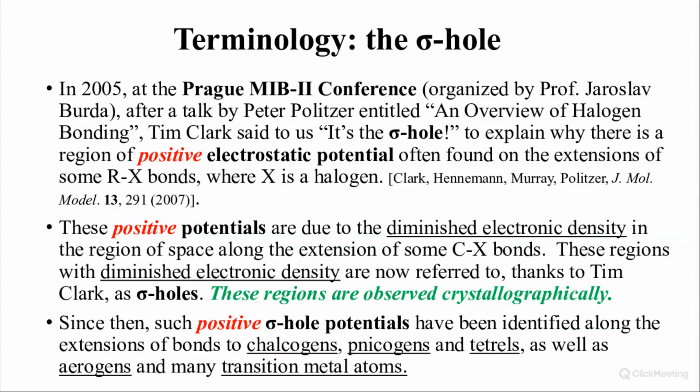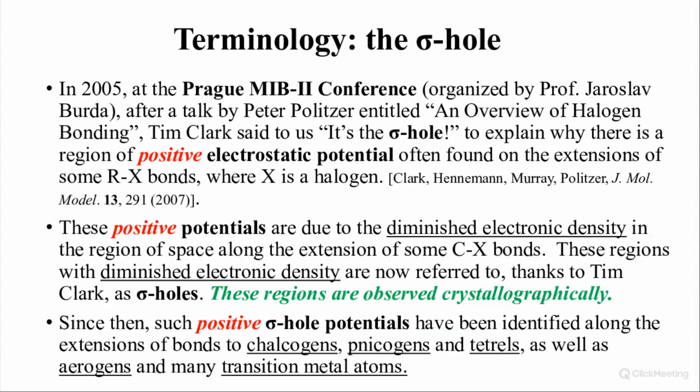But Tim Clark was there, and as we left the lecture hall, he said, it's the sigma hole, and that we don't need this nomenclature, but it shows directionality, which is useful because the sigma hole positive potential, if there, will be along the extension of a bond, which shows anisotropy, atomic anisotropy.